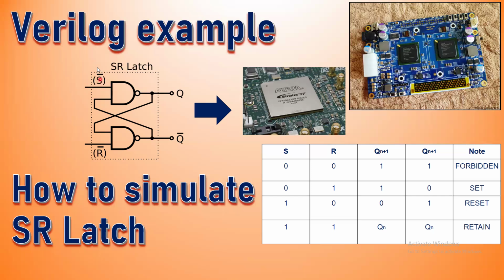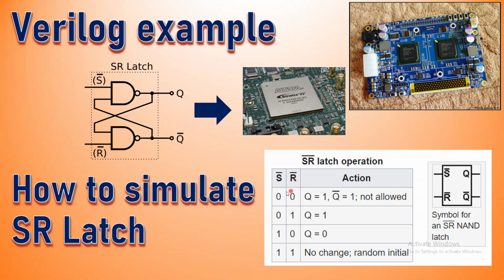S stands for set and the bar indicates its inverted input. The second input to this NAND gate is the inverted output Q bar. For NAND gate 2, one of the inputs is the inverted form of the reset input, that is R bar. R stands for reset, and the other input is the output Q from the first NAND gate. So you see this is a cross-coupled configuration.